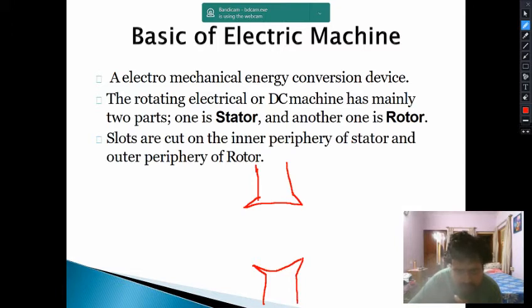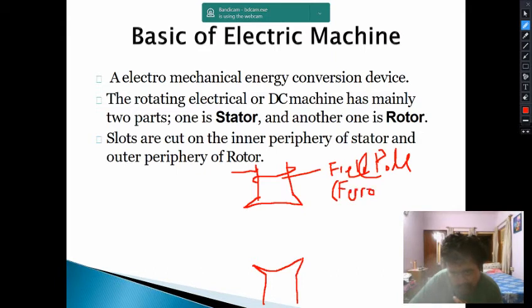These are known as stator poles, or they are also known as field poles, and they are made up of ferromagnetic material.